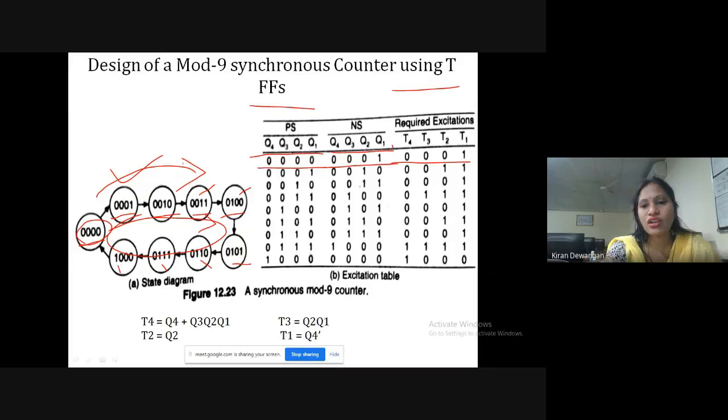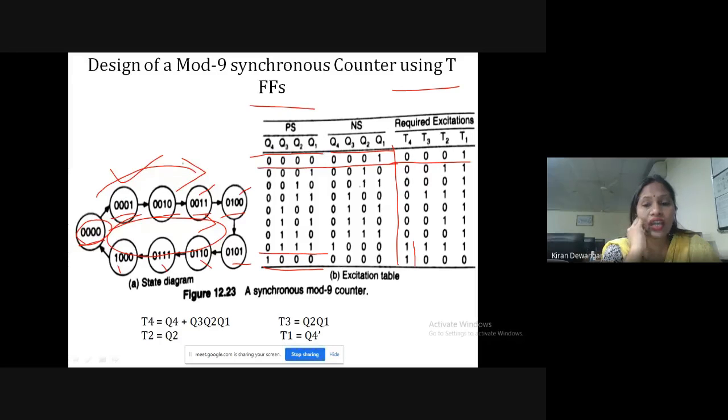And now based on this, we'll write all the expressions for T4, T3, T2 and T1. So T4 is going high for these two combinations only. That is 0 1 1 1 and 1 0 0 0.